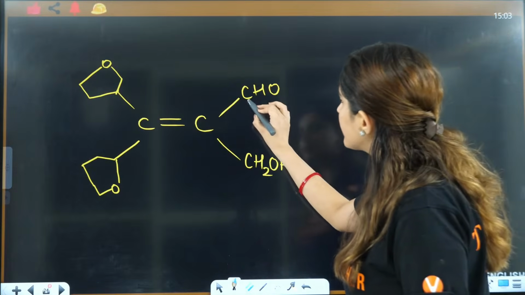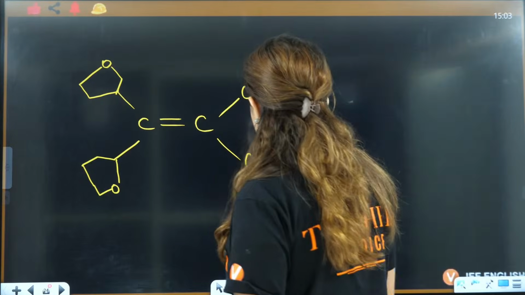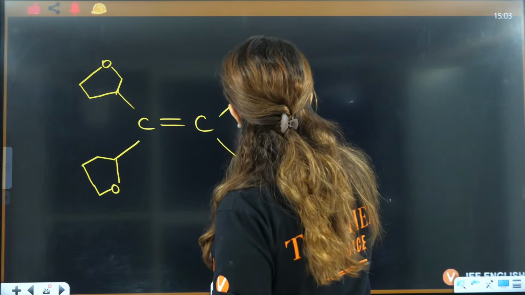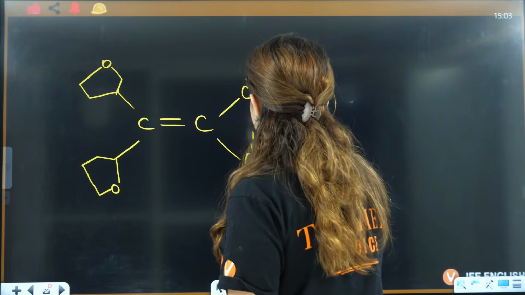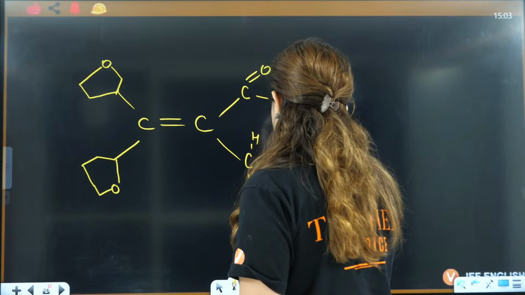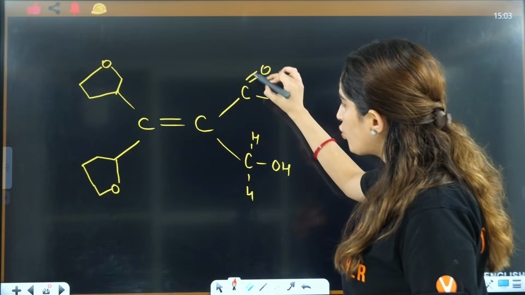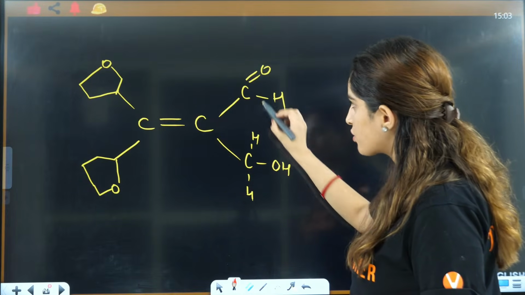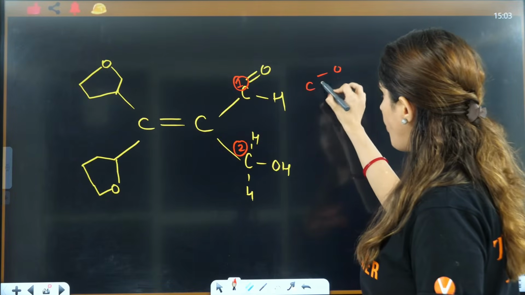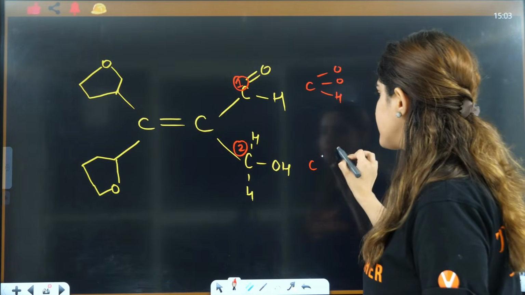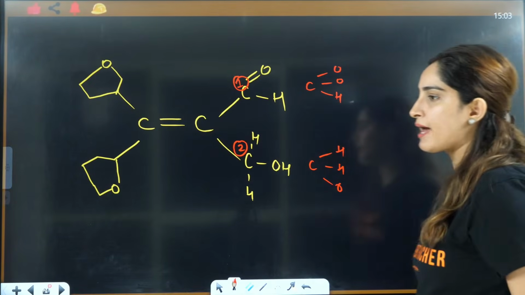Now if you see this here, we have already discussed that this carbon is actually connected to C double bond OH, and this is actually connected to CH, H, and this is OH. That means carbon, carbon, this is connected to 2 oxygen, this is connected to 1 oxygen, so this will have more priority. This is COOH, this is CH2OH. So definitely it will have more priority.